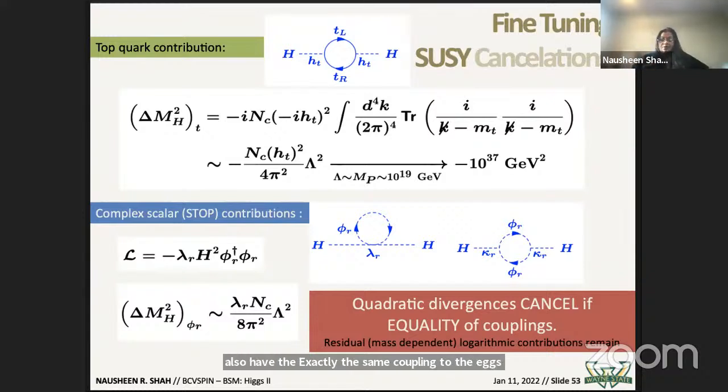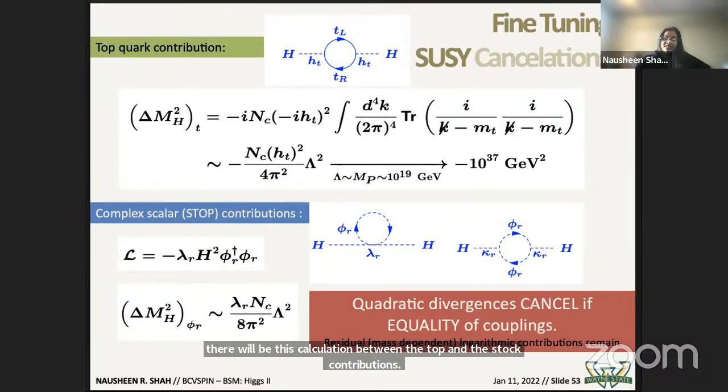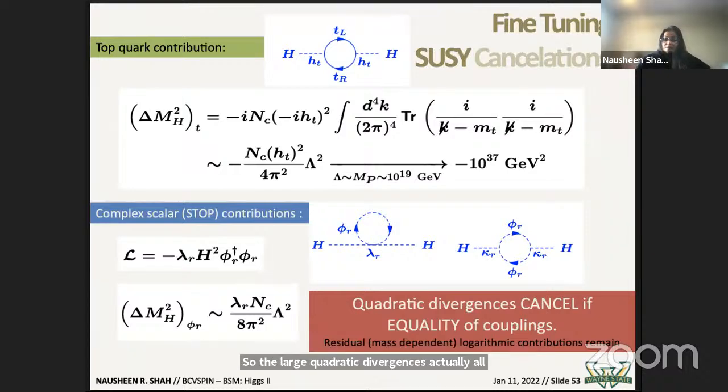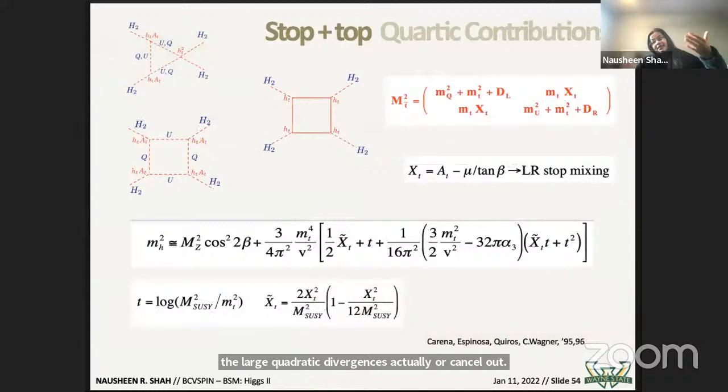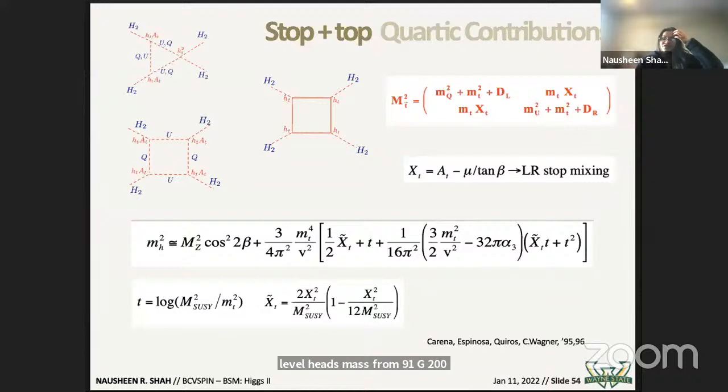And the interesting thing is there's a symmetry which governs that there will be a cancellation between the top and the stop contributions. So the large quadratic divergences actually all cancel out. But you have these log contributions which are left over, and these can actually lift up the tree level Higgs mass from 91 GeV to 125 GeV.